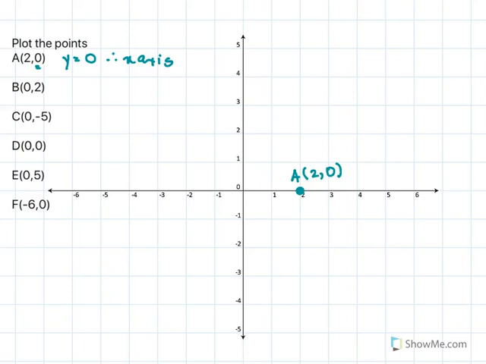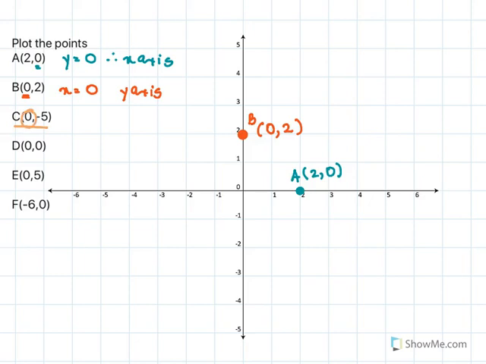Now for the next one, B, 0, 2. So we see that x is equal to 0. If x equals 0, it lies on the y-axis. So we will put it on the y-axis. 0, 2 will be here. So we name this B, 0, 2. Then we go for the next one, 0, -5.